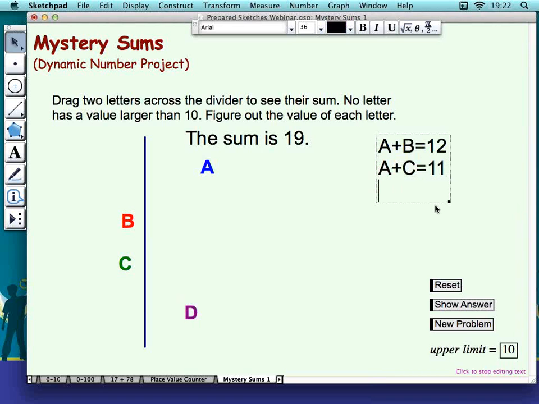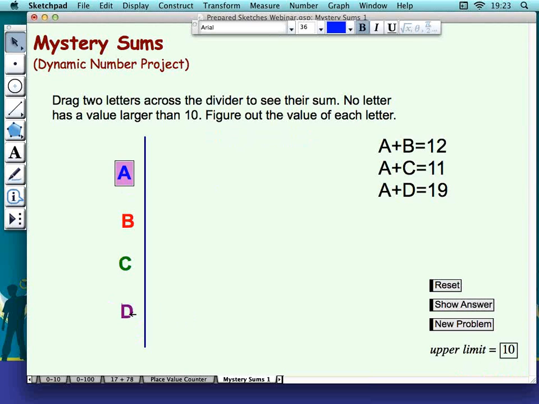So we can keep track of the various sums that we get here. Now, here's an interesting fact. No letter has a value larger than 10, but A and D are 19. So that tells us something very interesting that we didn't know before, doesn't it?